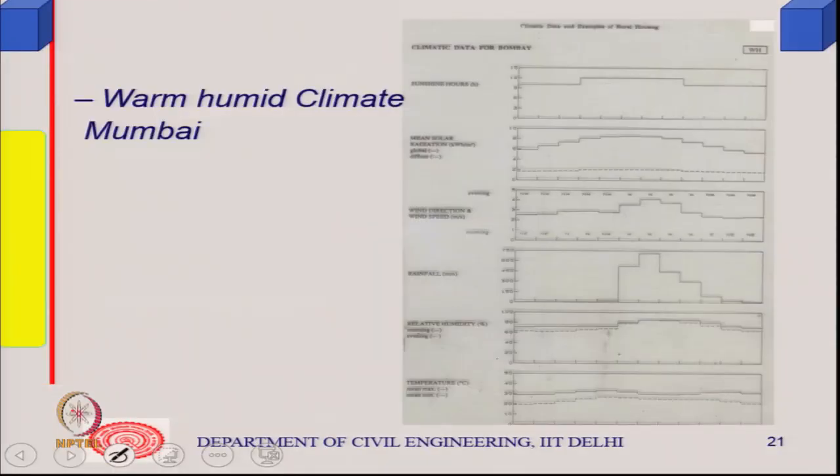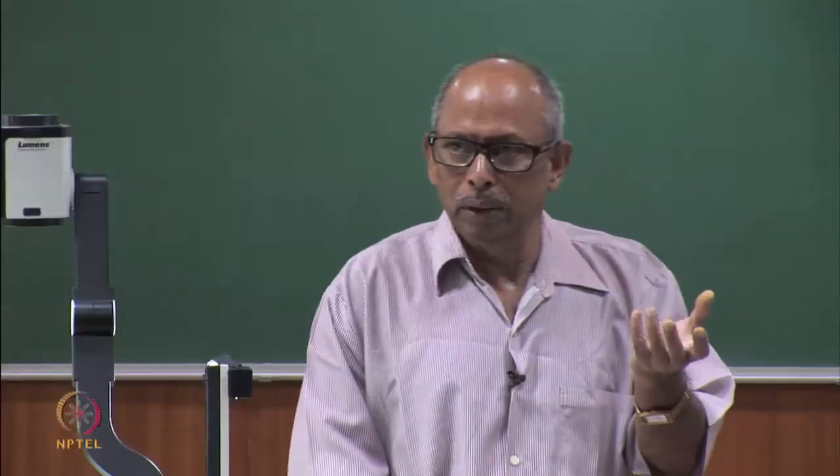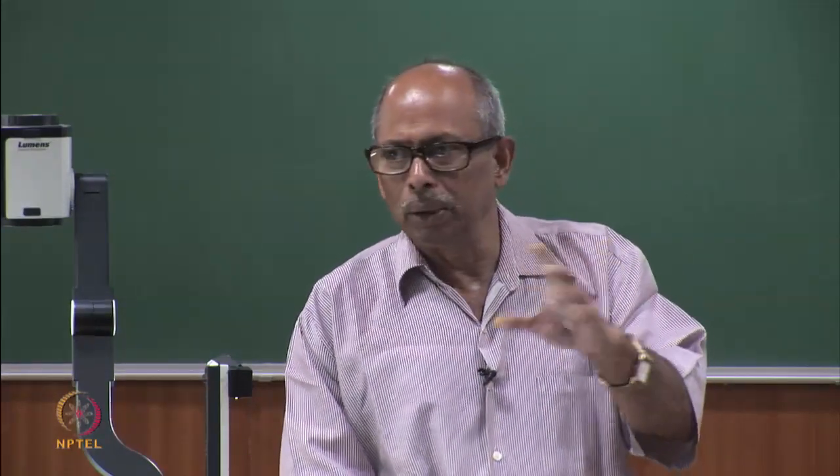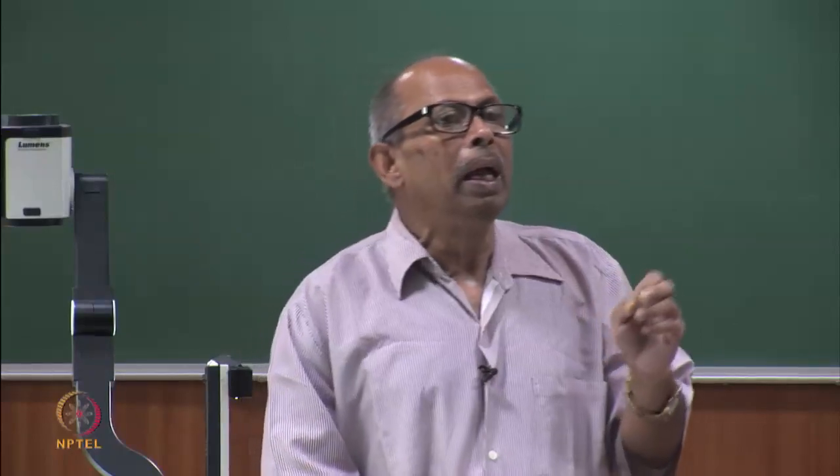So, let us see what warm humid climate is. The example here is Mumbai. You can see the diagram, but the main important thing is the temperature variation. This is the mean monthly temperature being shown here. We cannot represent 8760 temperatures; you can deal with them if you have a program, but to get an idea about the climatic zone you do not deal with 8760.